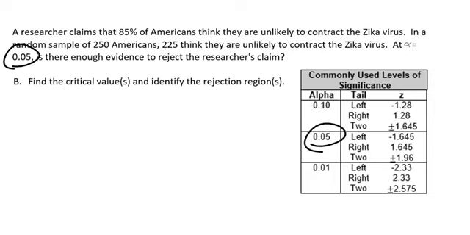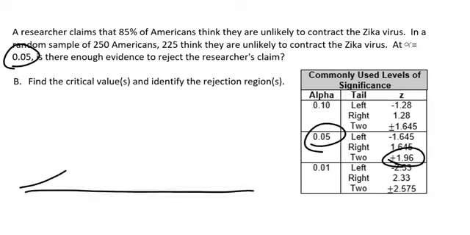This is going to be a two-tailed test because we're testing the null hypothesis P equals. So since it's a two-tailed test, our critical value is going to be plus or minus 1.96. Let's look at this on a standard normal curve to get the rejection region.